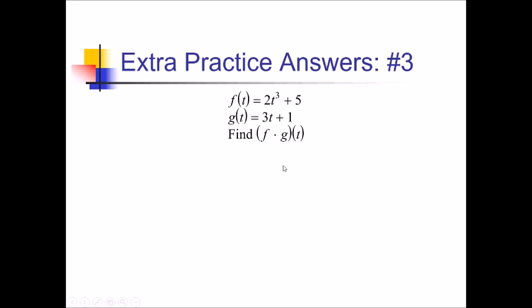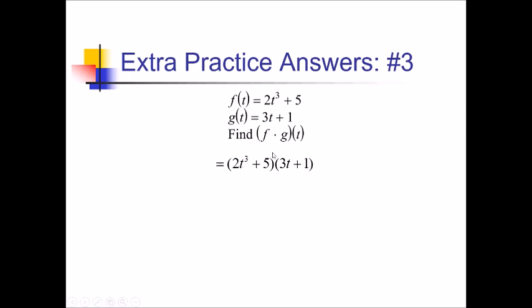For this problem, we're doing f times g of t for the f and g functions given here. So we're basically doing this whole f of t function, 2t cubed plus 5, all of that, which I'm going to put in parentheses, times the whole g of t function, so times parentheses 3t plus 1. And all there is to do at this point is simplify, so FOIL this out, combine like terms, whatever else we need to do.